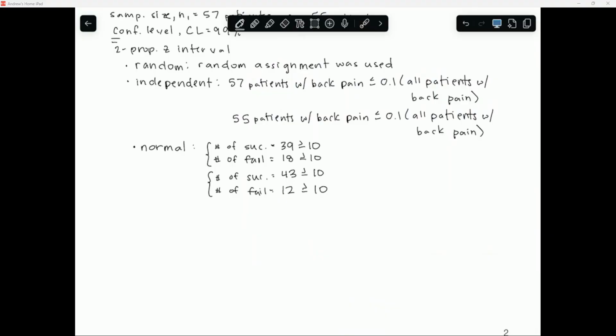From here, we're going to build our confidence interval. So we know that our confidence interval is p hat 1 minus p hat 2 plus or minus z star times our standard error, the square root of p hat 1 q hat 1 over n1 plus p hat 2 q hat 2 over n2.